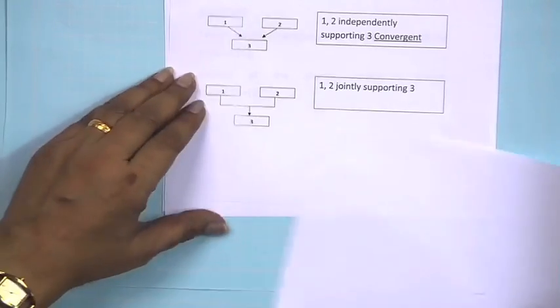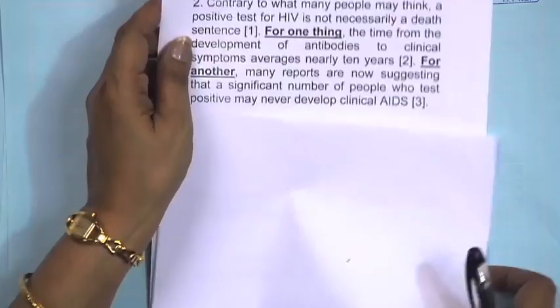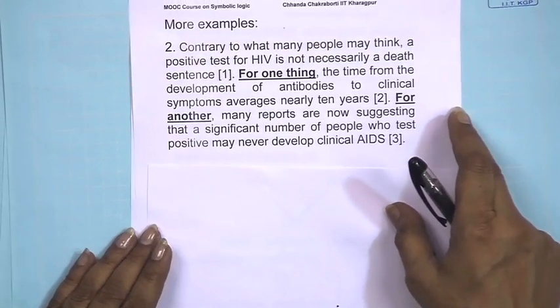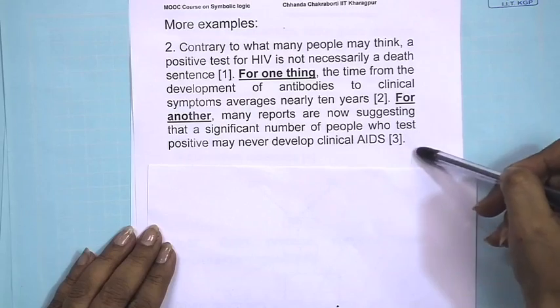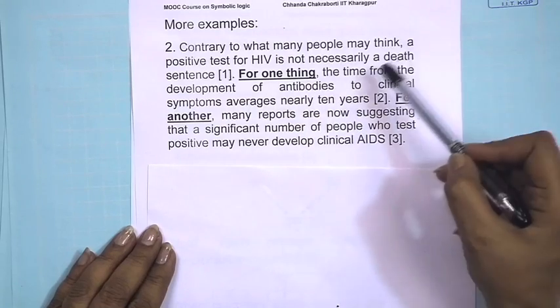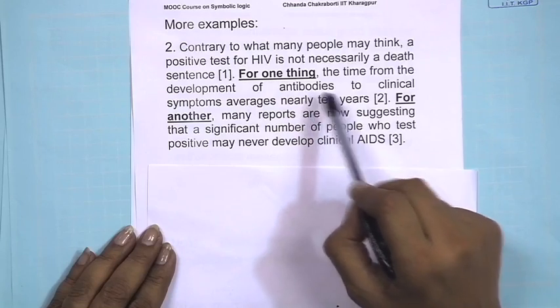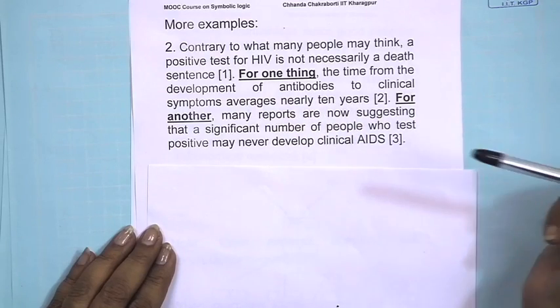So, let me show you the actual examples that we were talking about. Here is one. This is a passage. So, let us take a look. Contrary to what many people may think, a positive test for HIV is not necessarily a death sentence.